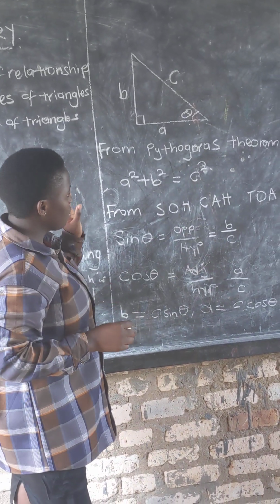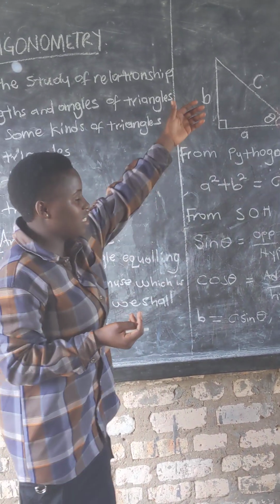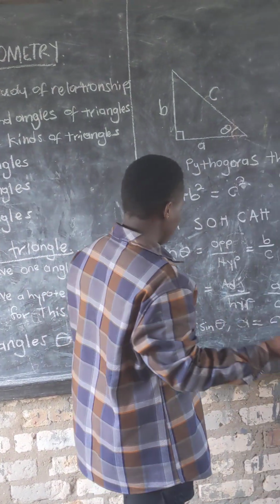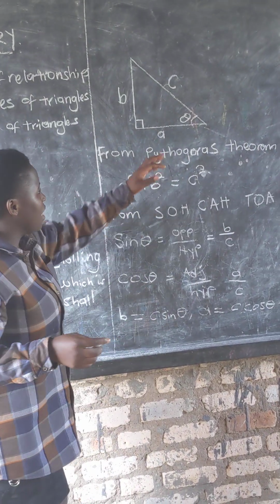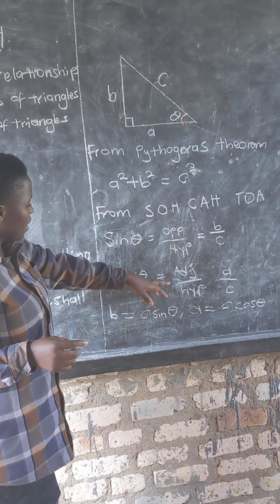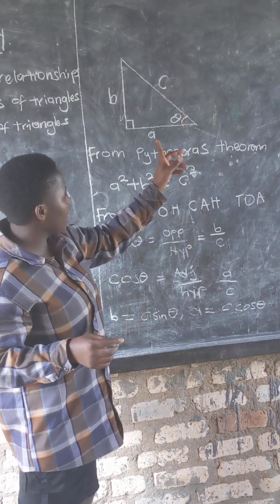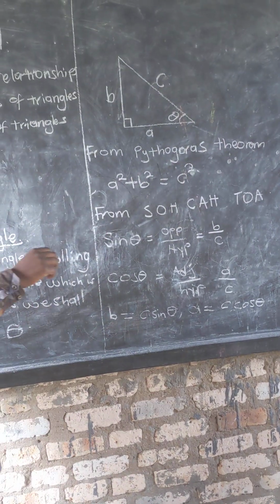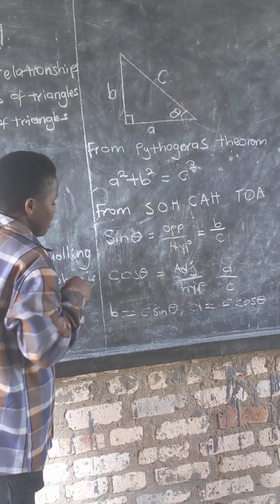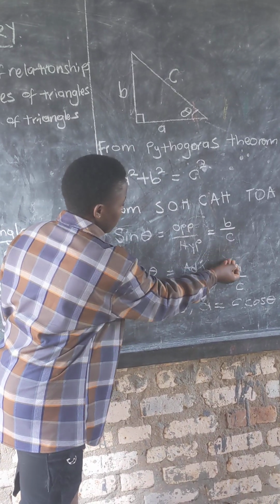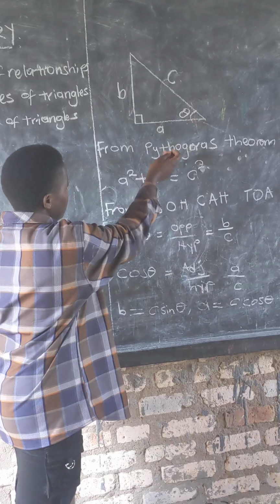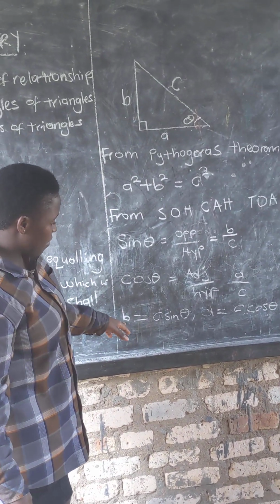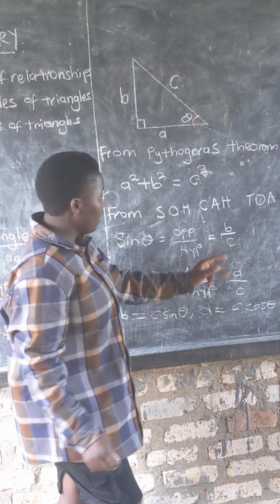We also exploit cos in our right angle triangle. Cos theta is the adjacent, denoted by A, over the hypotenuse, denoted by C. Since we want to use the Pythagoras theorem, we need the equivalences of the unknowns.